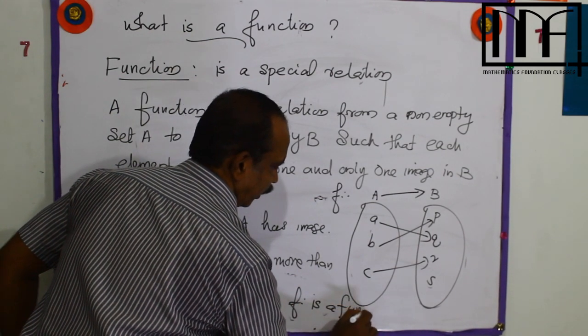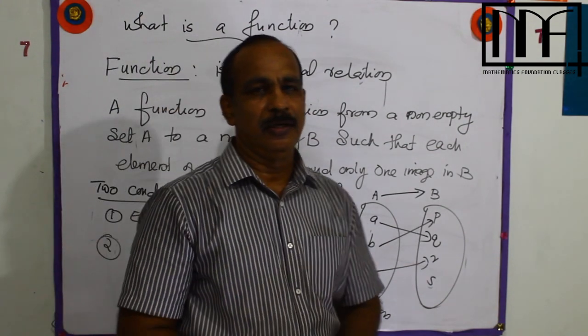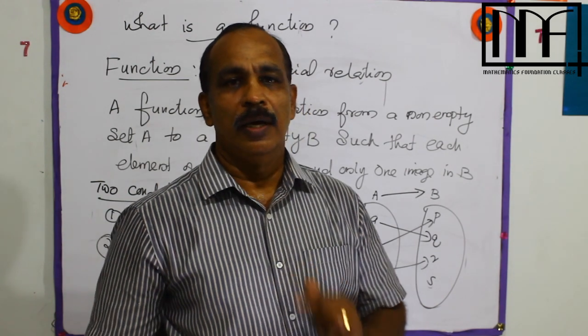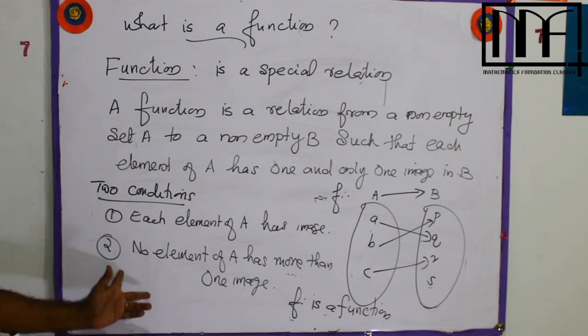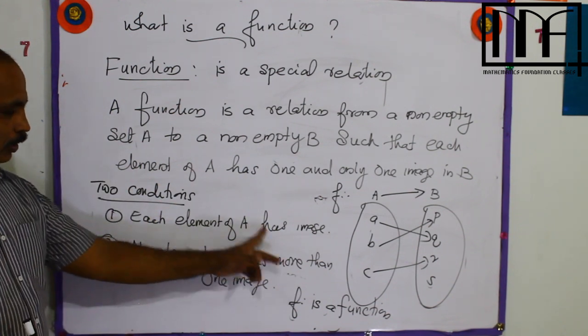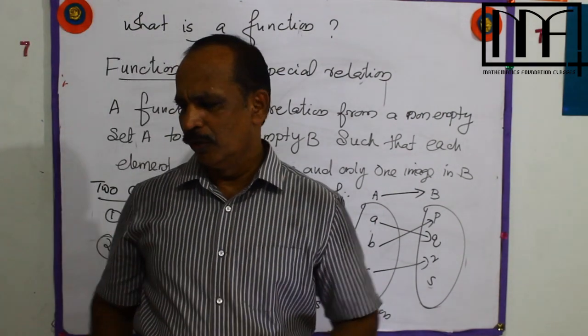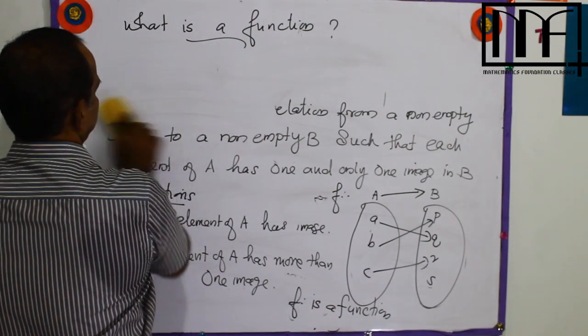The definition is very important here: a function is a relation such that every element of A has one and only one image in B. I will show some pictures of functions and non-functions.